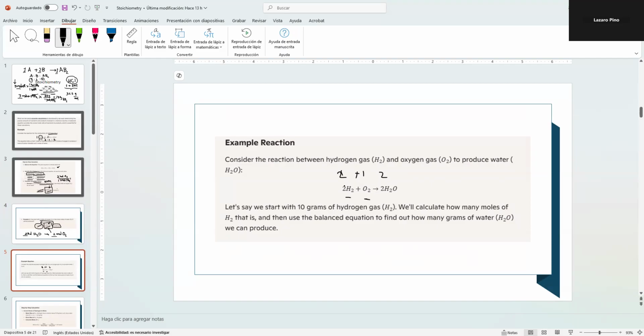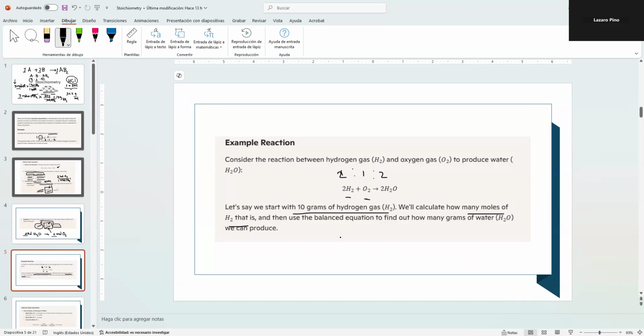Then the ratio is 2 to 1 to 2. Then, what is given in this case? 10 grams of dihydrogen. And you want to calculate the moles of dihydrogen.